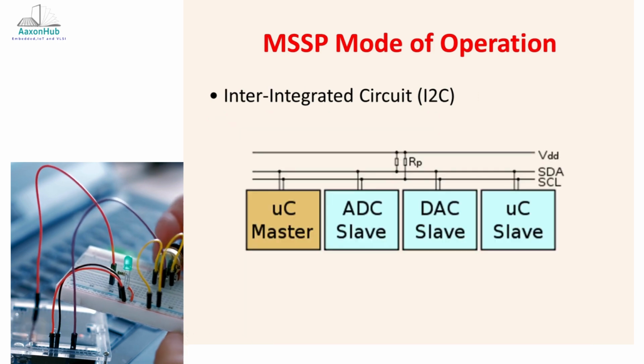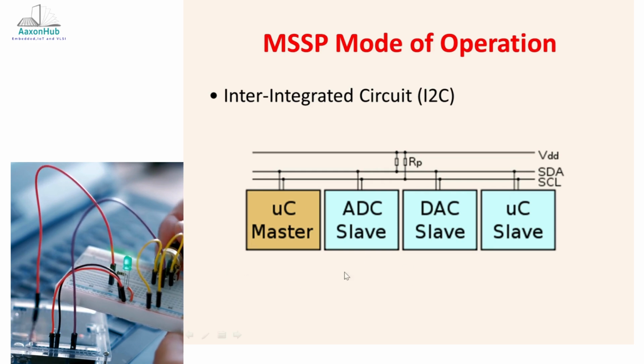Another type of configuration is I2C, inter-integrated circuit. In I2C, you can communicate with many peripherals, one at a time. So one master will be there and a multiple slave configuration will be there. The communication is established over only two lines, SDA signal and S clock signal.